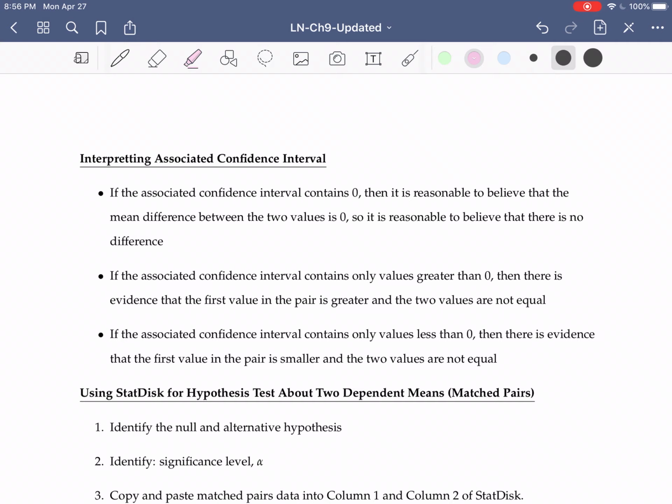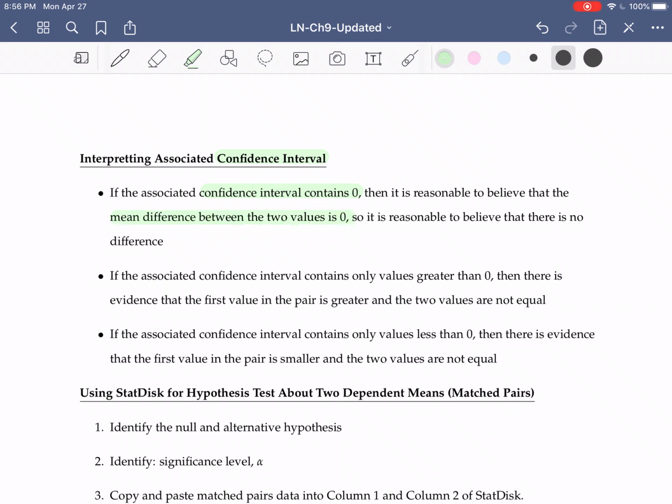When we go about interpreting the associated confidence interval, we ask, does that interval contain 0? If it does contain 0, then it's reasonable to believe that the mean difference between the two values is 0.